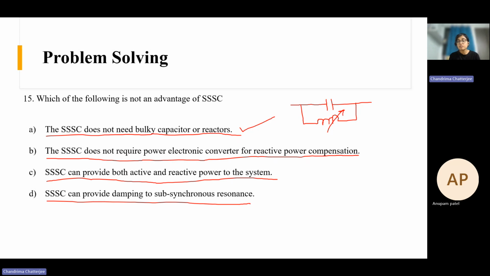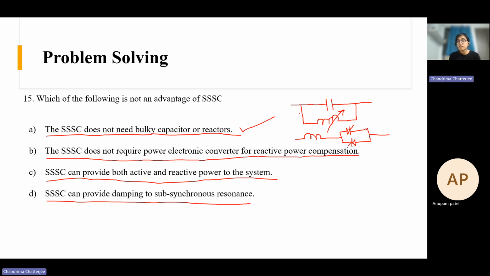How is this variable reactance obtained? Because there will be an inductor and then there will be a thyristor circuit like this. That's how the variable reactance was obtained. If you remember, the circuit was like this, right?